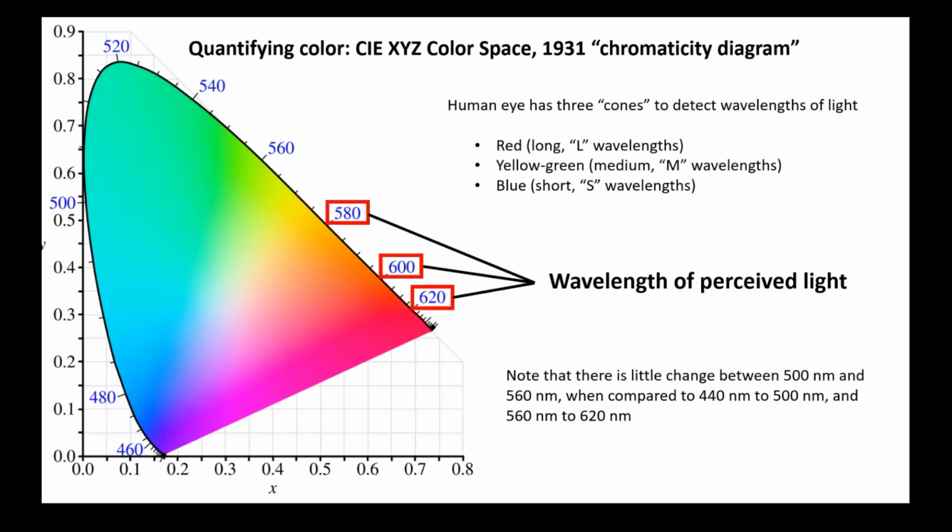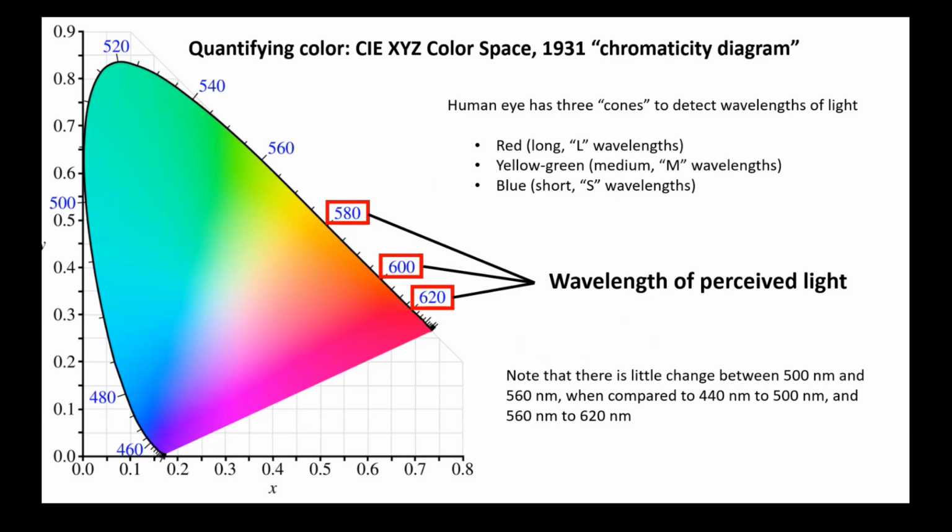Whereas if you take that same band, that same length of light, say, for example, between 560 and 620 nanometers, you'll see a lot more perceptual contrast. In other words, the color goes from green to yellow to orange to red. Or if you look from the lower end of the spectrum, you'll see a similar, more drastic change, say, for example, from blue to cyan to turquoise to green again.